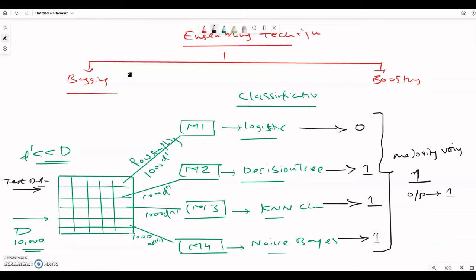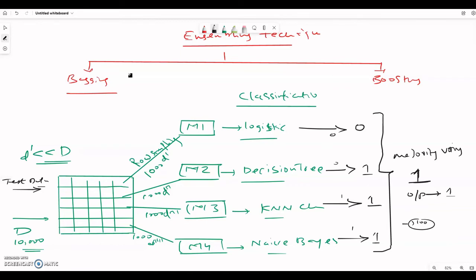Now suppose we don't get an equal number of outputs. You may ask, what if we get 0 0 1 1? See, here we are trying to use hundreds of models, right?